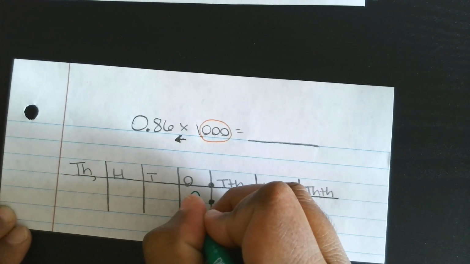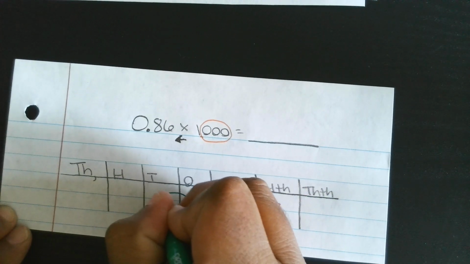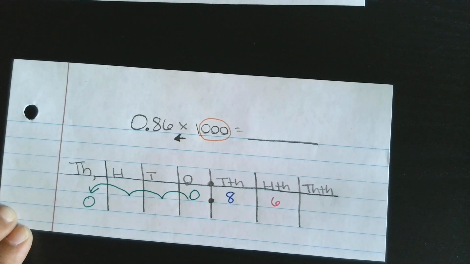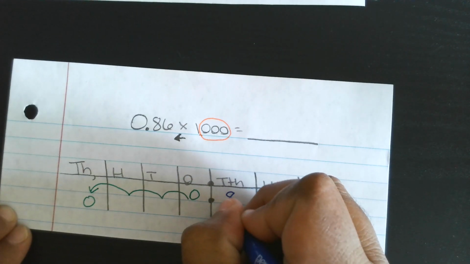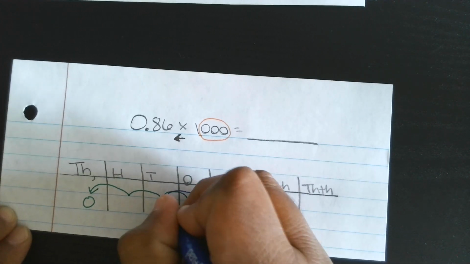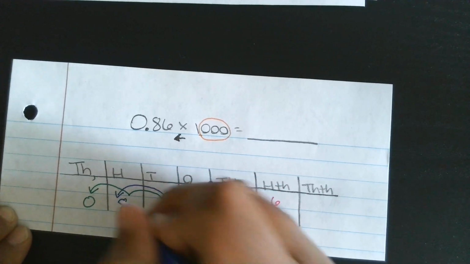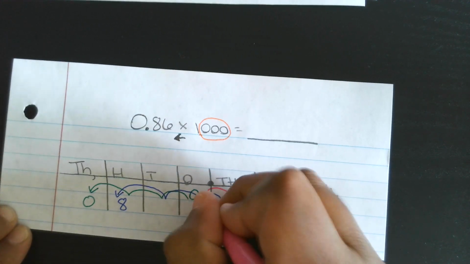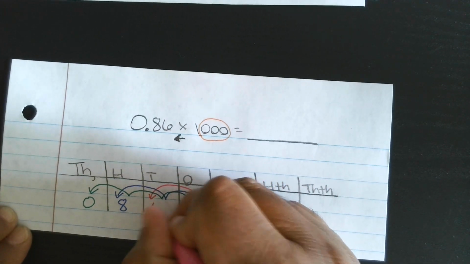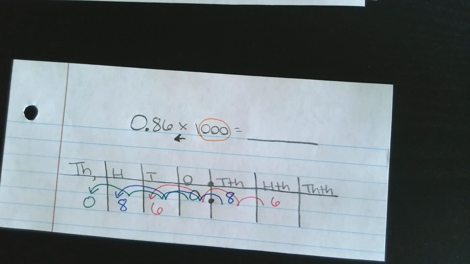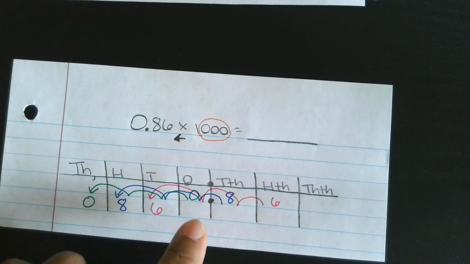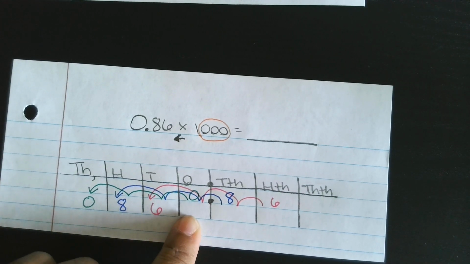So I start with my 0. 1, 2, 3. My 8. 1, 2, 3. My 6. 1, 2, 3. My 6 stops in my tens place, but I cannot leave my ones place empty.